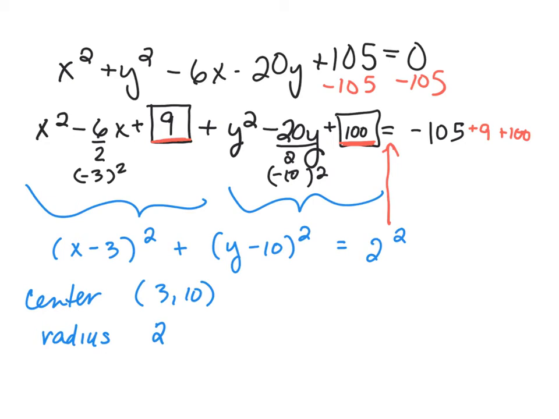Now, if I look back at the problem, it says, what are the center and radius of the circle? That's number 5. Number 6 says, draw a graph of the circle. So I had a center of 3, 10, and my radius was 2.